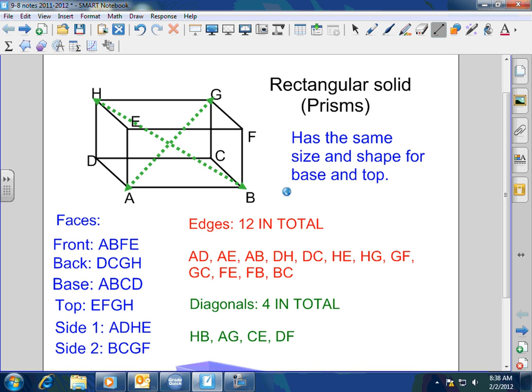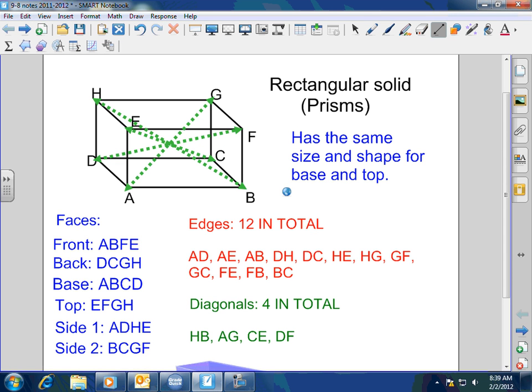The 2 most complicated ones are CE, starting at C, the bottom right corner, going through the center to E, the top left corner. And the last diagonal, DF, starting on the left bottom corner, D, going through the center to the top right corner, F.